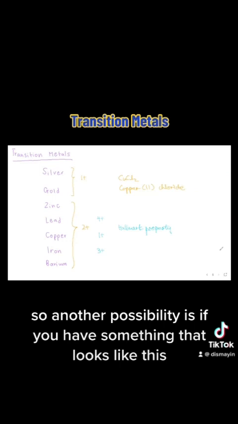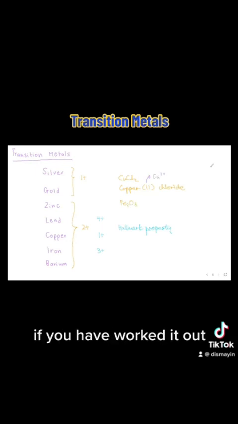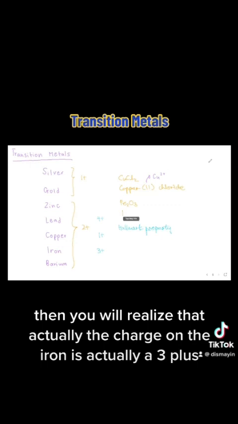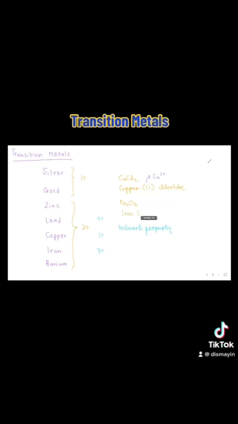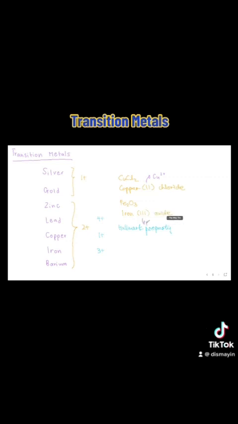Another possibility is if you have something that looks like this. If you have worked it out, you will realize that the charge on the iron is actually 3+. So this is actually iron 3 oxide.